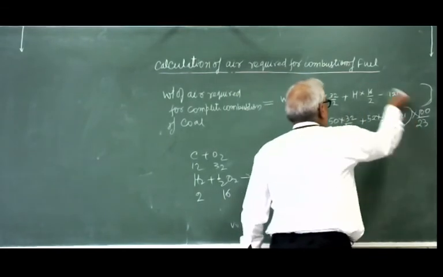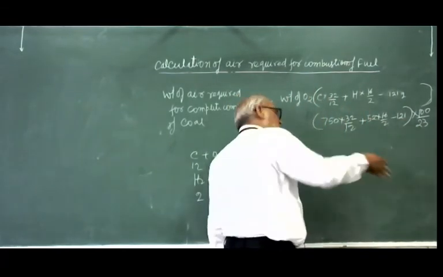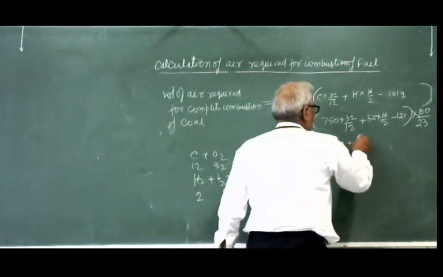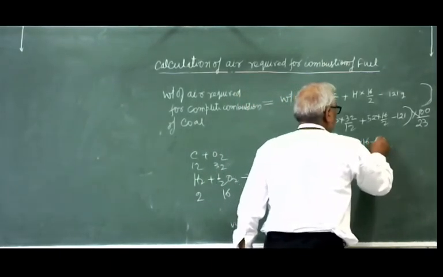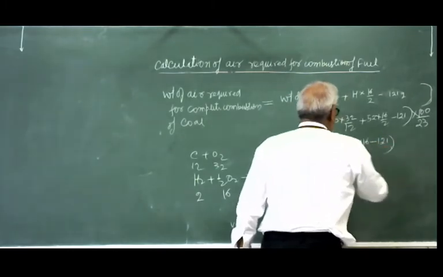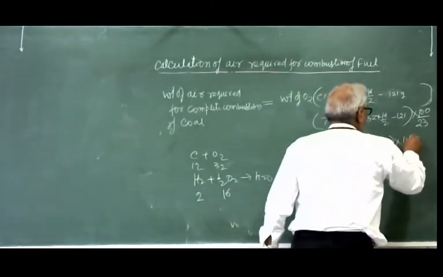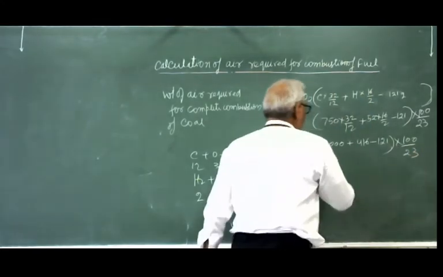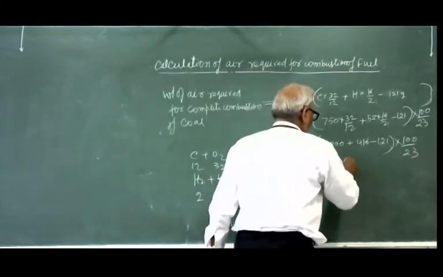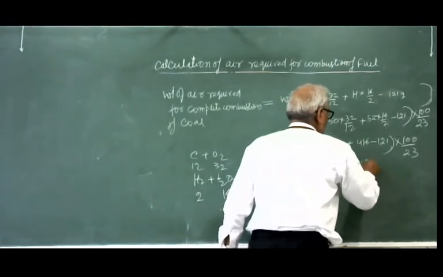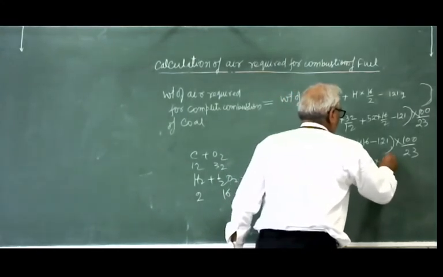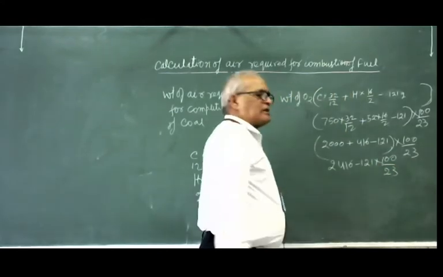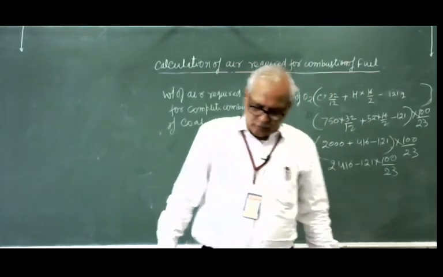If you calculate, again the same value you will get: 2000 plus 416 minus 121 into 100 upon 23, so 2416 minus 121 into 100 upon 23. So this is the way how to calculate.